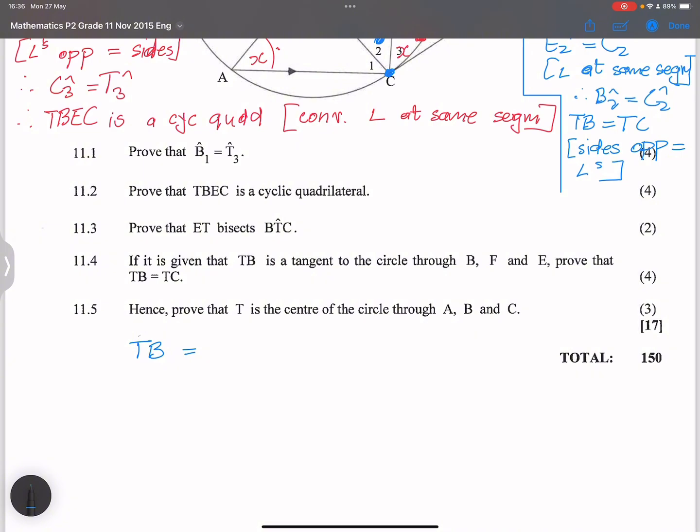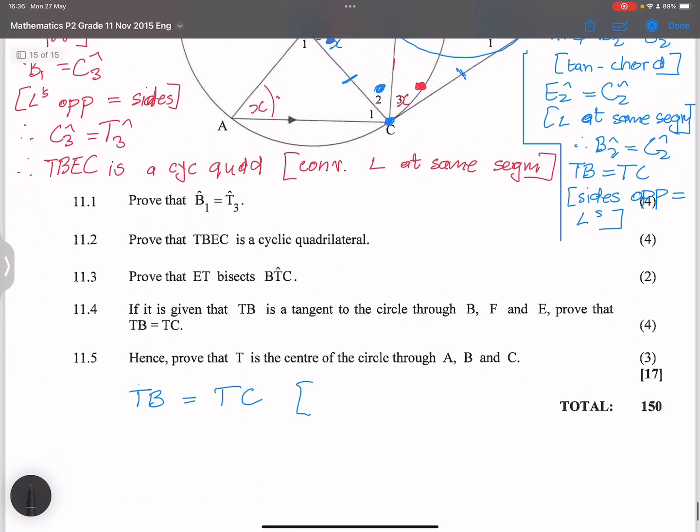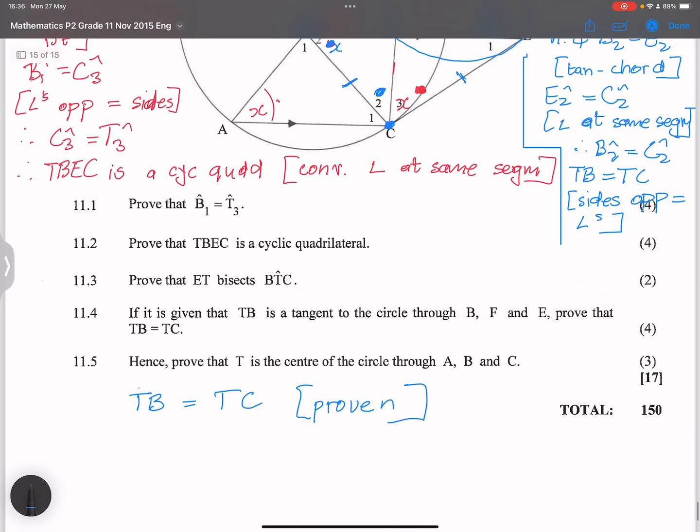So we've just proven that TB is equal to TC, right? So we've proven that. Okay, so now therefore it means that TB and TC must be radii, right? Since they're inside the circle.